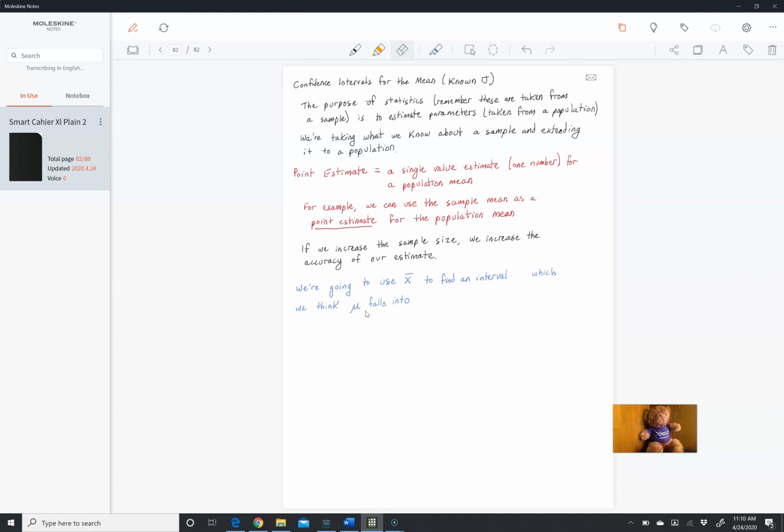Now the range of this interval is called the margin of error. For example, let's say suppose X bar is 12.